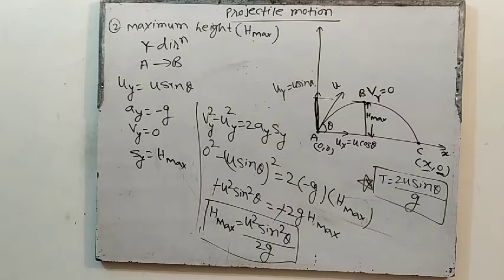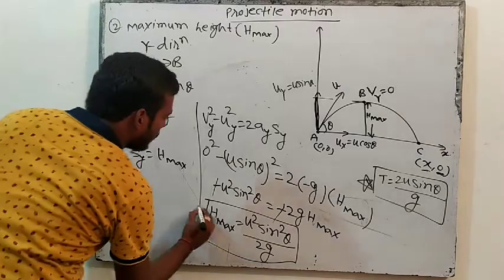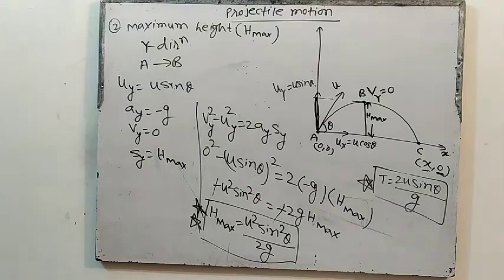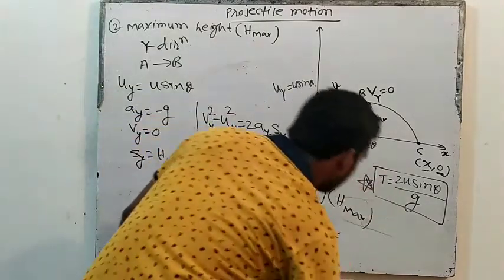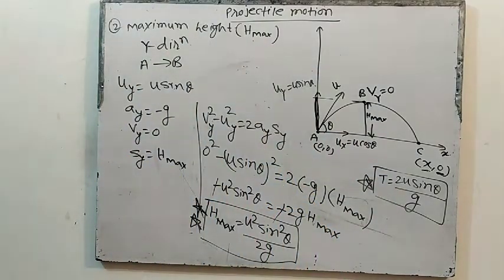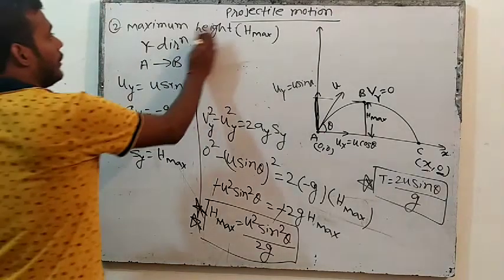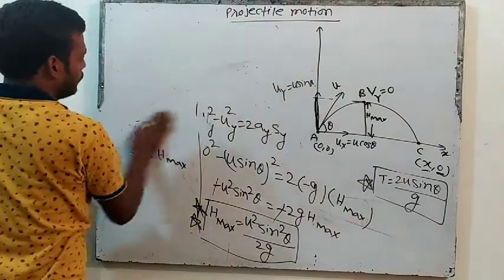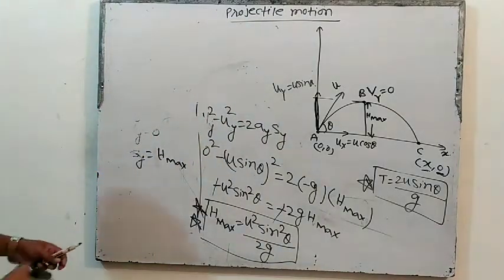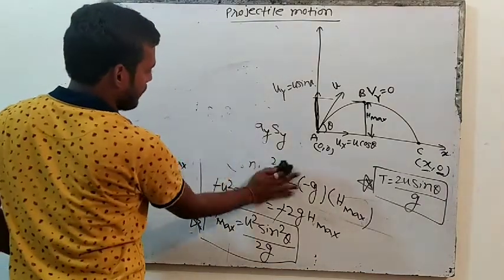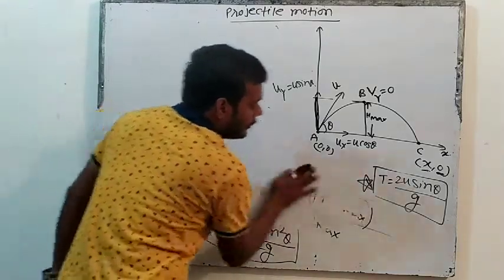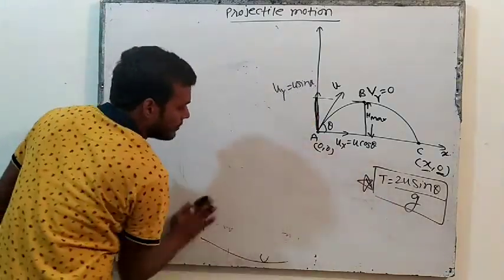Clear? Any confusion? This formula is also very important. Write it fast. So the H maximum formula, what is it?